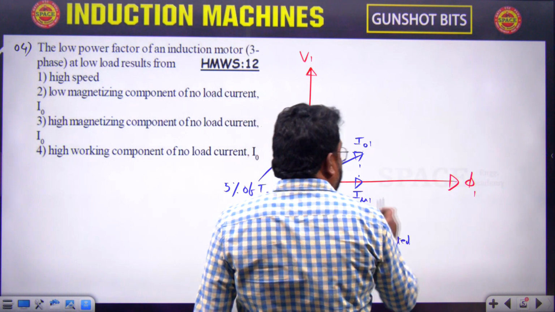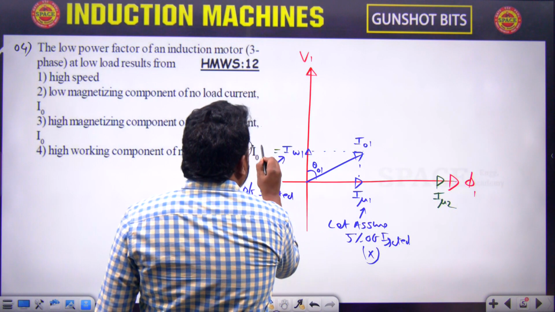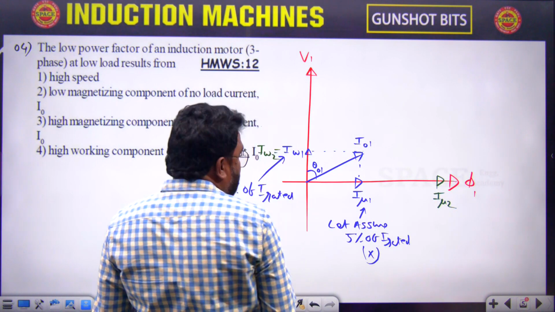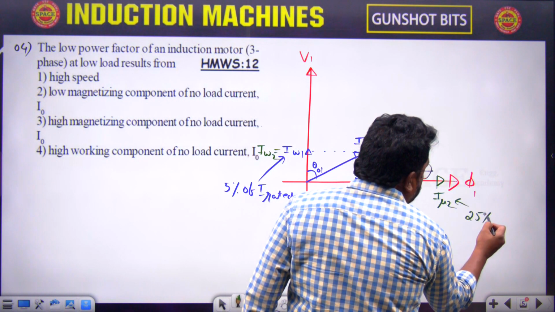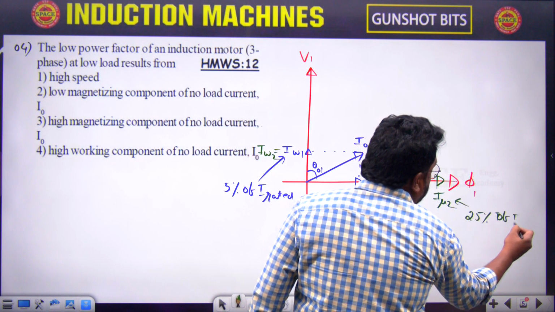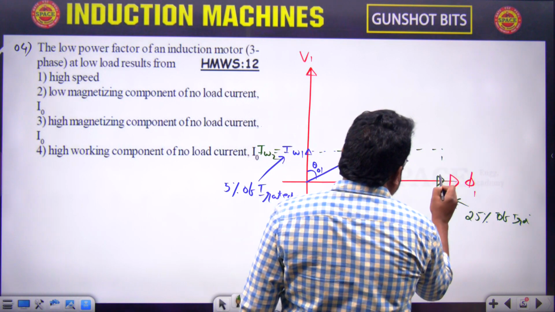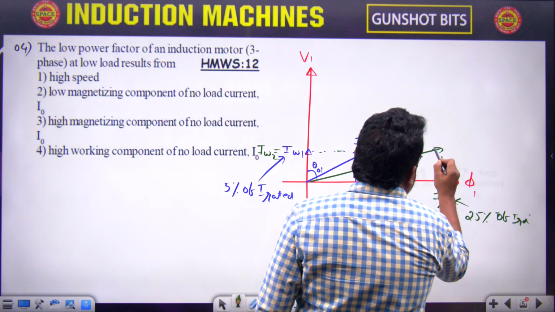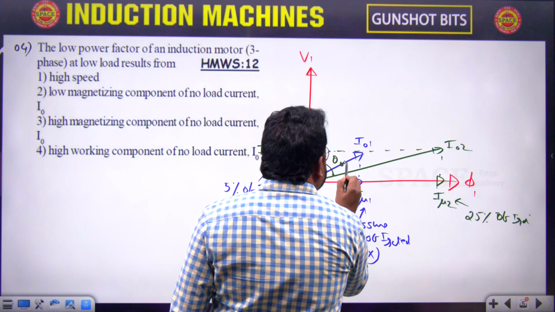So this one is the magnetizing current I mu 2, and this is equal to IW1, so both IW2 values are equal. Now this is 25% of the rated current I rated. This is the vector sum of these two, so we get the no load current I02. Now this is the theta naught 2 value.